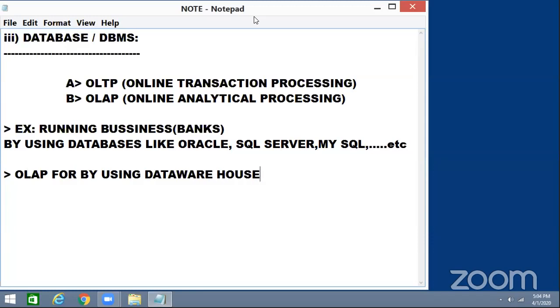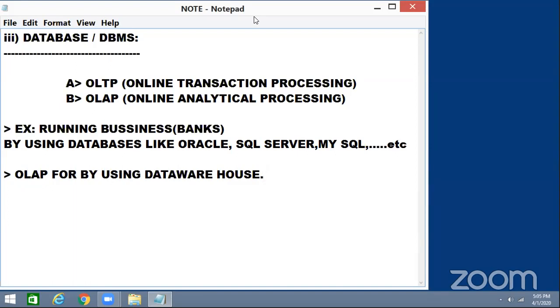A data warehouse is like a database, but it can handle huge amounts of data, so the data can be analyzed. Oracle is only for storing day-to-day transaction information, but data warehouses not only store, they also perform analysis on your business data. So the example is the data warehouse.